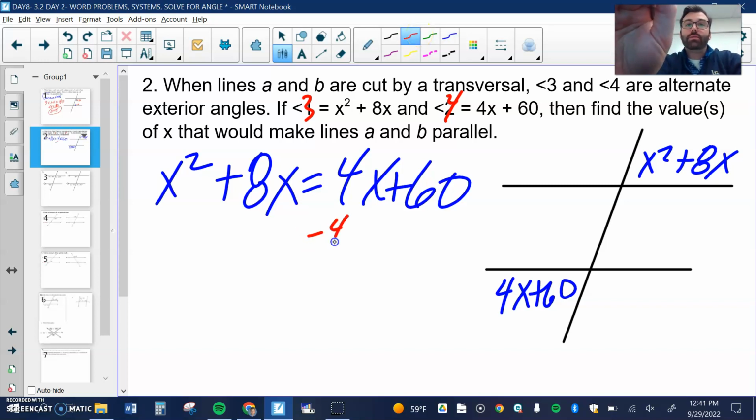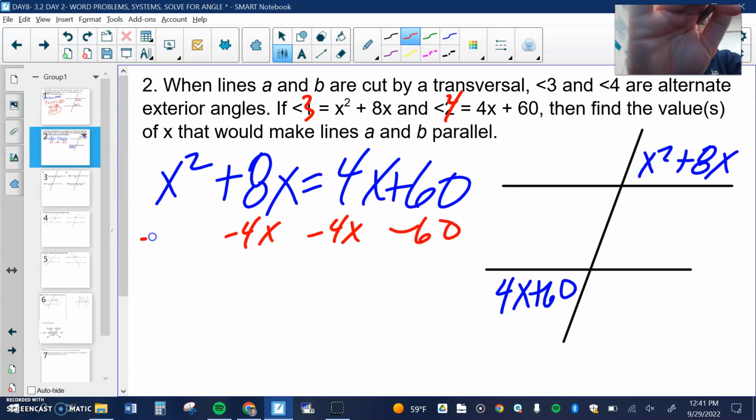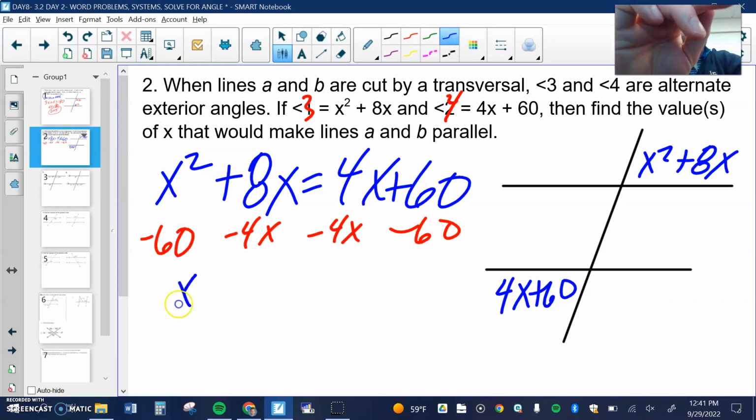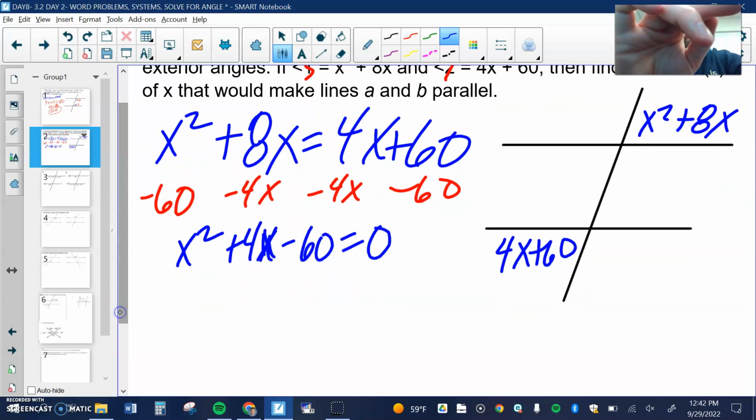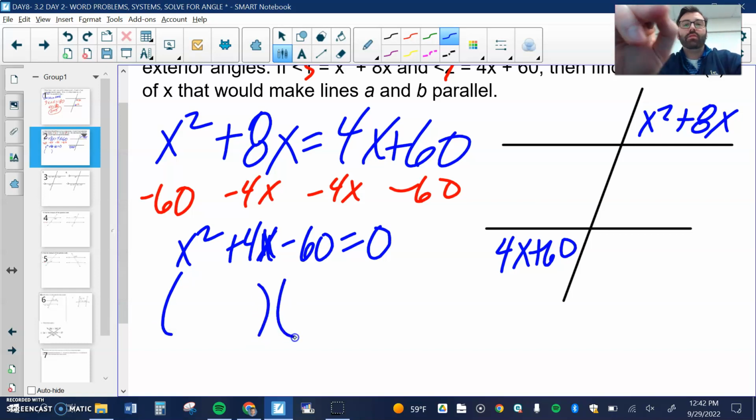I have to bring everything to one side and factor. So I get x squared plus 4x minus 60 equals 0. I got to think about the factors of 60 that'll add to give me 4.